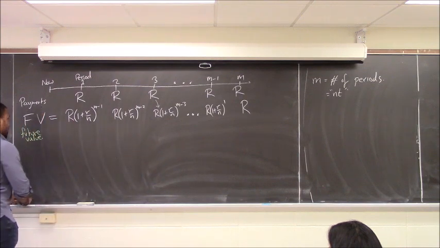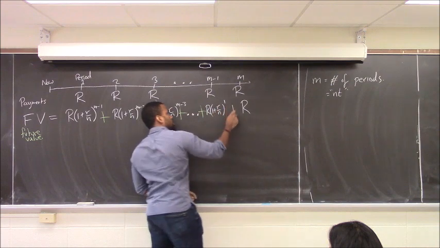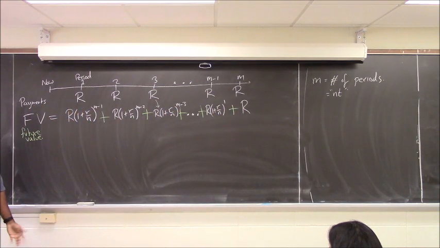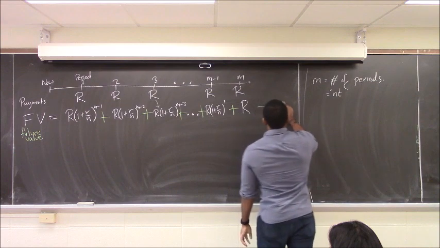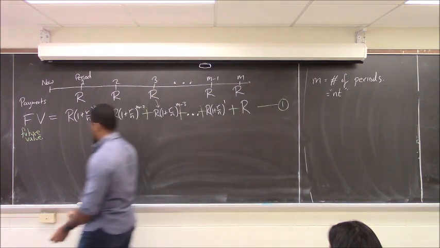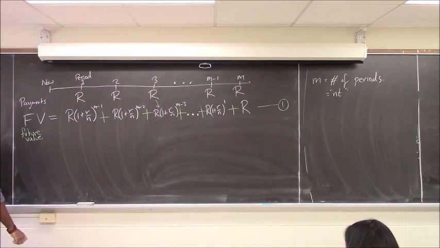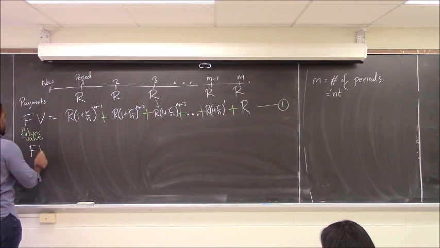And so now what we want to do is add all these together. How are we going to add all those together to get a nice formula? Well, we're going to use a little trick. Call this equation 1. What I'm going to do is take equation 1 and multiply both sides by 1 plus r over n.